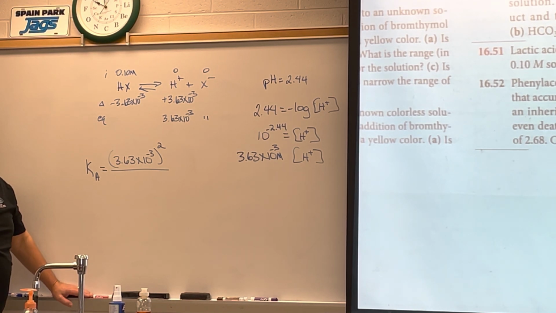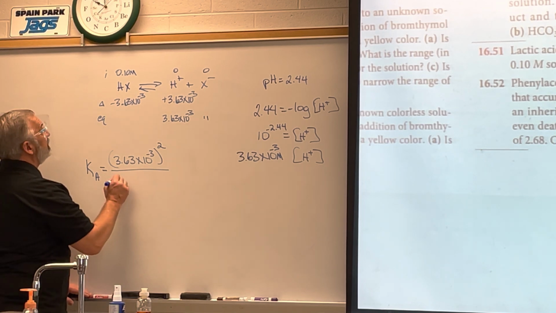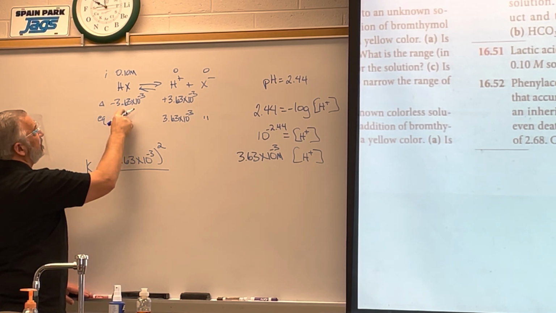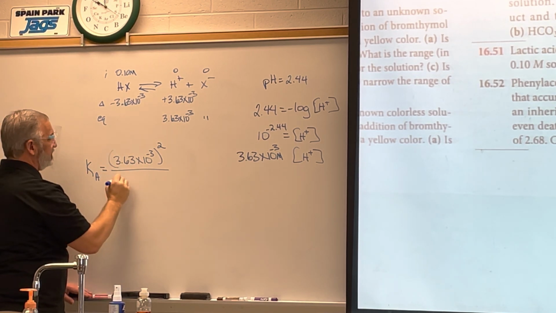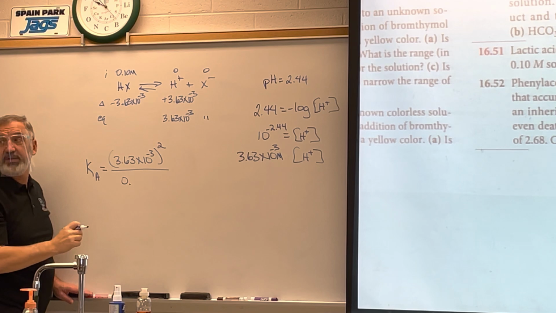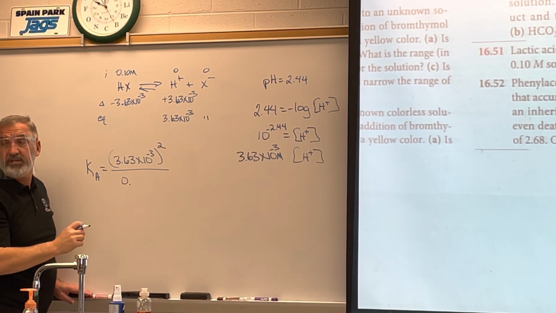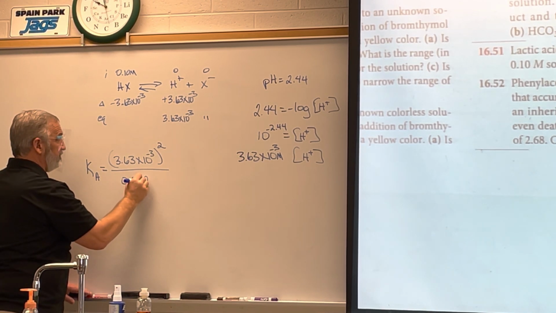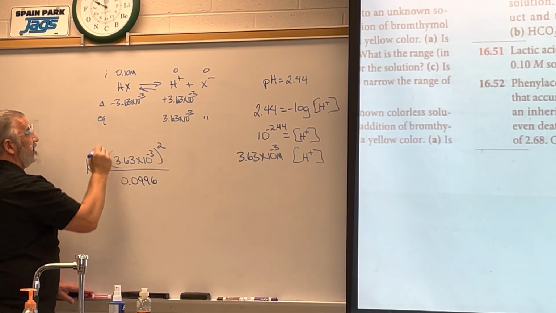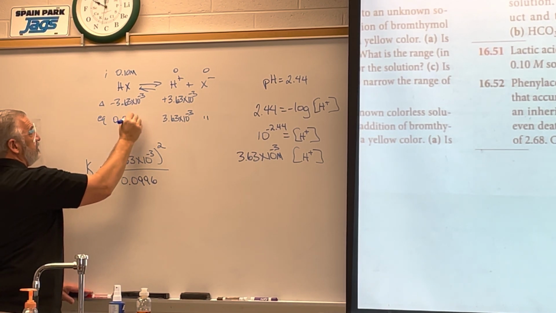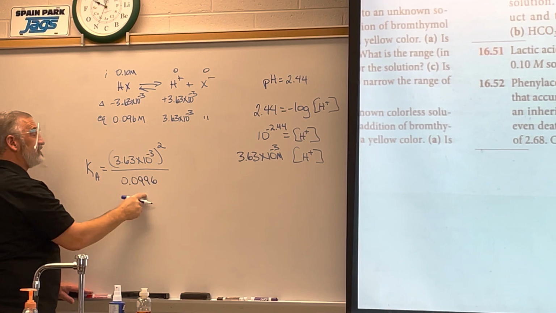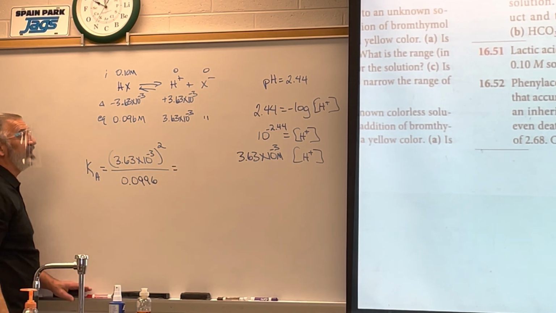Anyone? 0.104. It can't go up. You have to subtract it. Oh, I got it. So it's going to be 0.0996. Yeah. Okay? So that's my equilibrium, so now I just plug that in, so somebody give me a final answer and we're done.